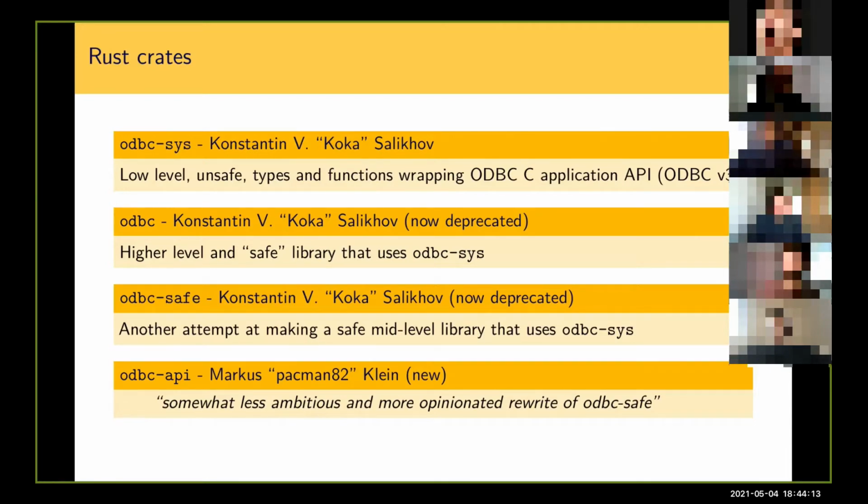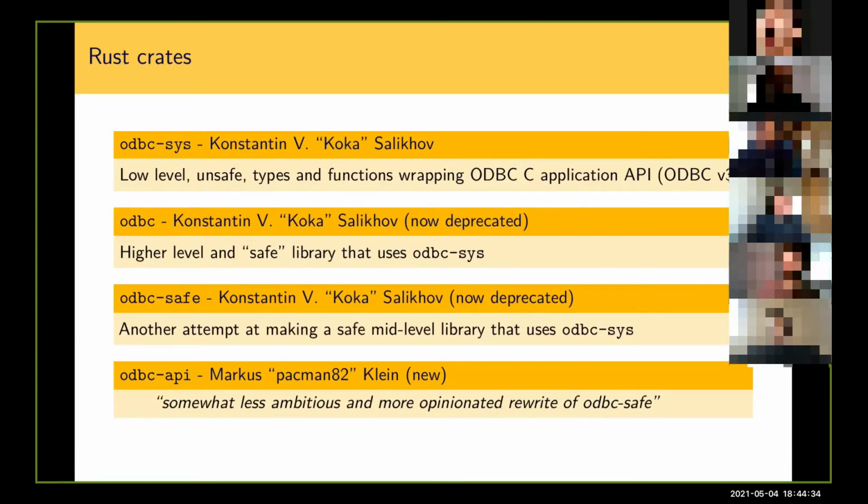And then he also provided a crate that was a bit higher level and was supposed to be safe, that uses this low-level unsafe library, but he wasn't very happy with the safety of it. So he made another attempt, which was called odbc-safe.